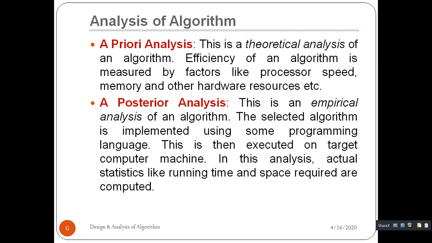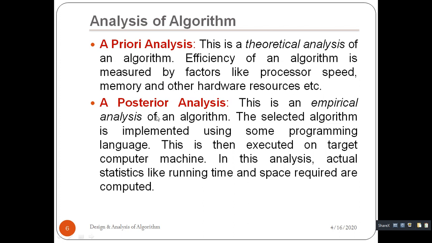If we have much more memory in our computer system, we'll say yes, the algorithm is efficient. So this is just a theoretical analysis of an algorithm, and the efficiency of the algorithm is being decided by the hardware components present in a computer system.